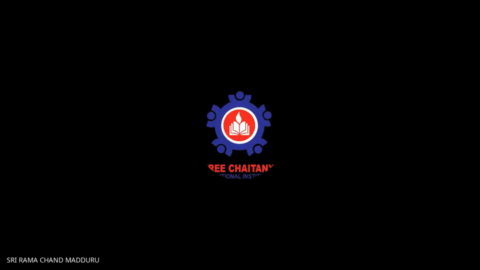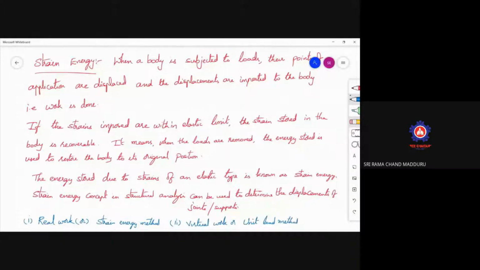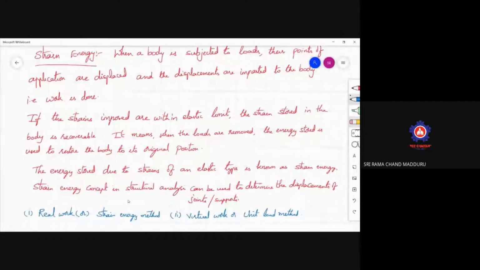Second is unit load method, the direct load method. Third one is Castigliano's method.